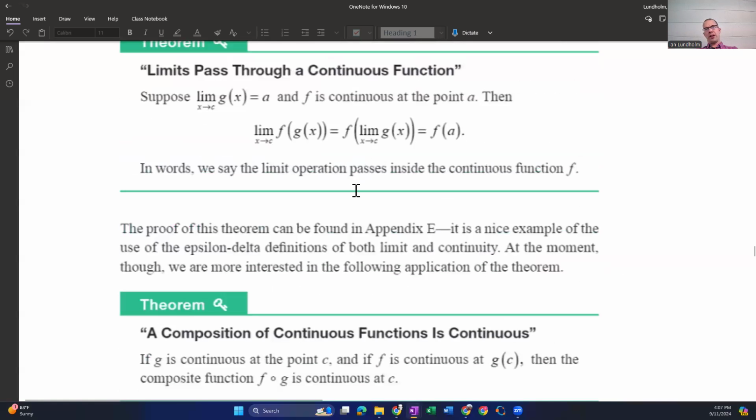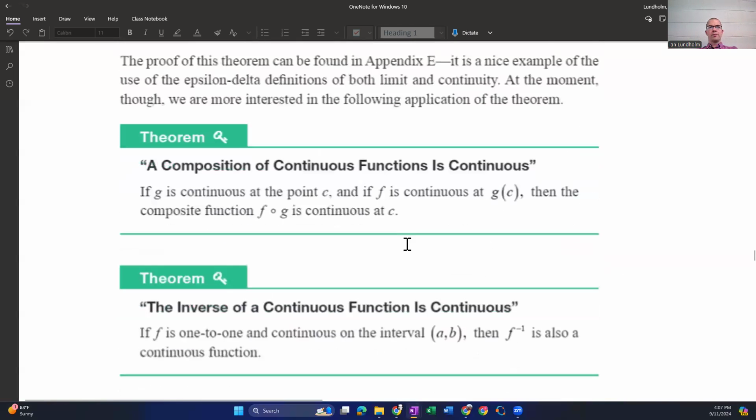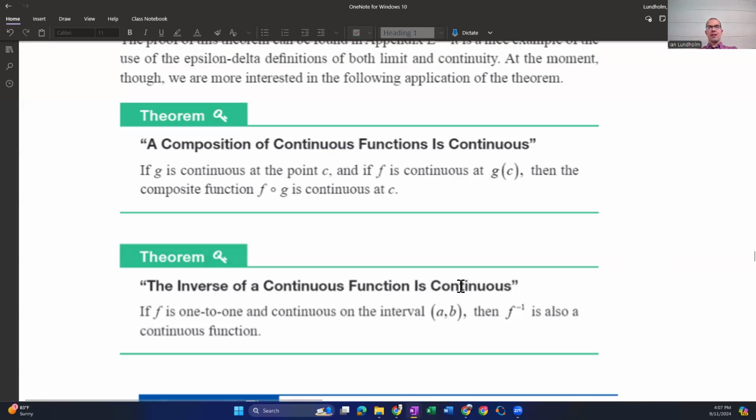This is actually a weaker condition anyways. Also, the inverse of a continuous function is continuous. If you are working with a one-to-one and onto function, then the inverse of that will also be continuous in the opposite mapping.